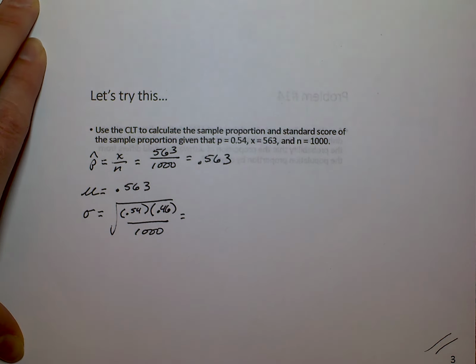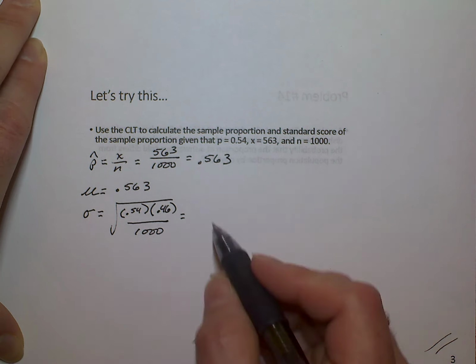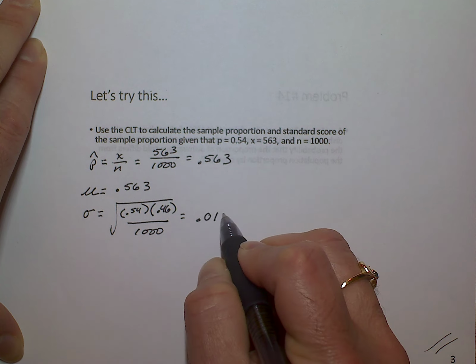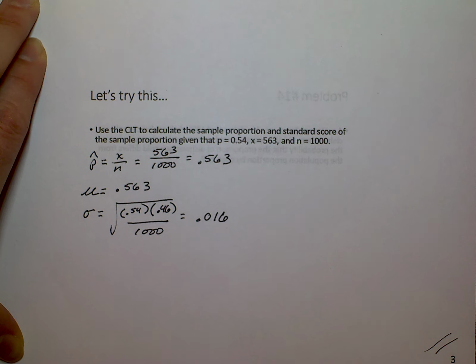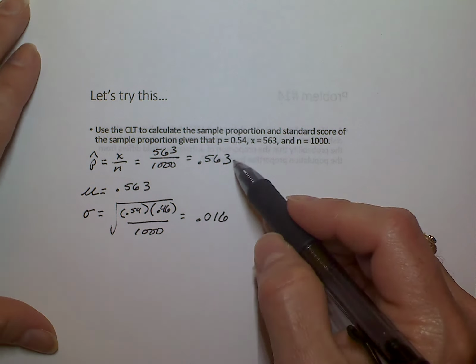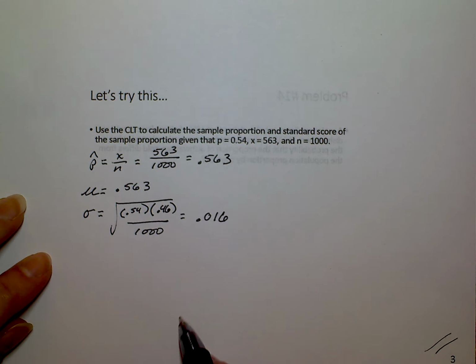Let's go find out what that is. 0.016. 3 decimal places, huh? Since this one's 2, everything rounded to 3 would be happy.